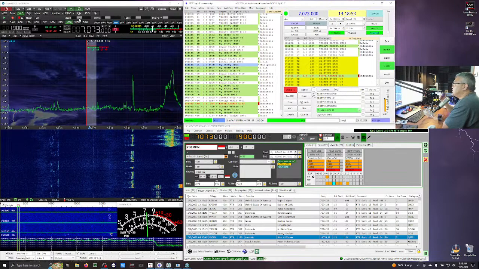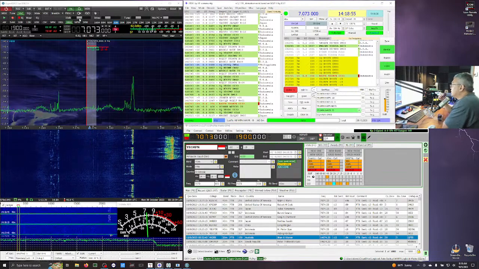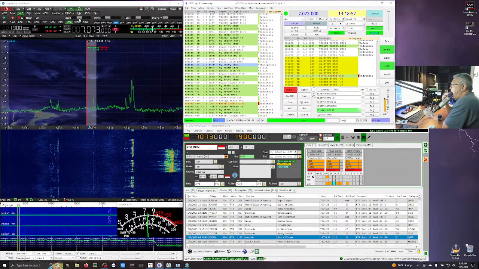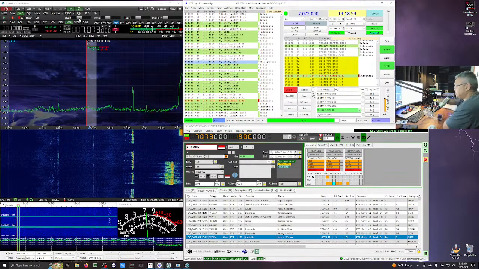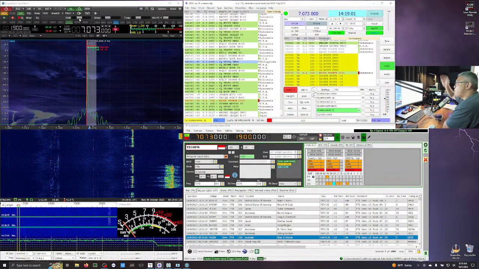Yeah, propagation just shifted. I no longer hear any other signals. You can see it coming up and down. All right, 10 meters is wide open, stateside.